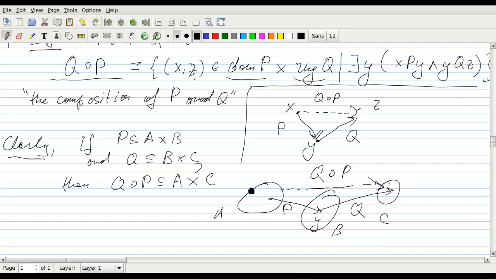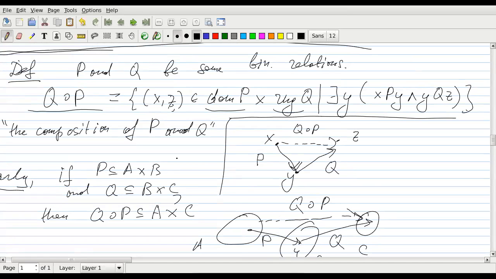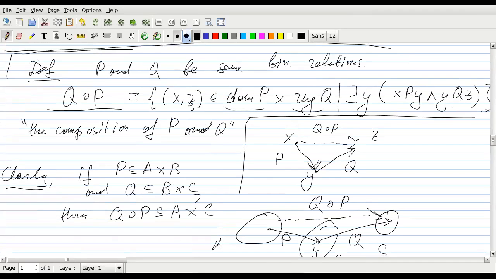Yeah. By the way, dear students, why have I written Q first and P second? Despite the fact that first we are going via P and then via Q. Why is it so strange? Because we apply Q to the result of P. Something like that.